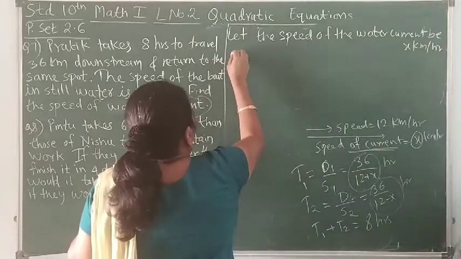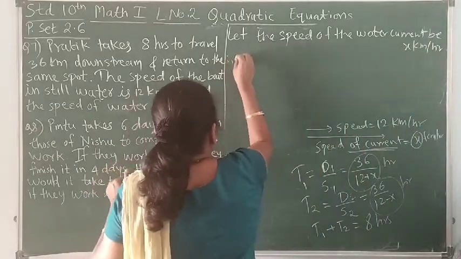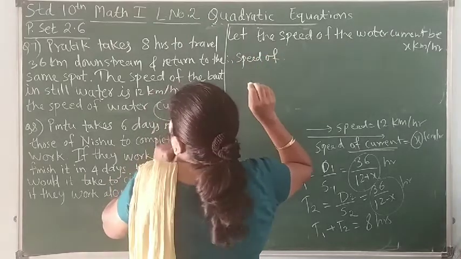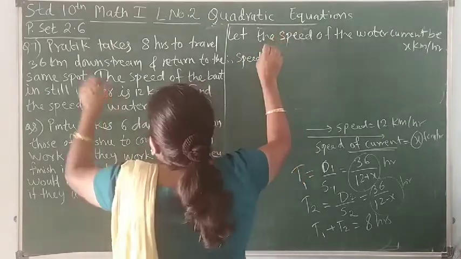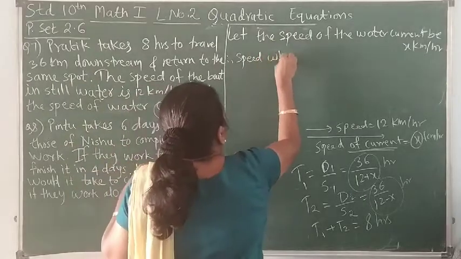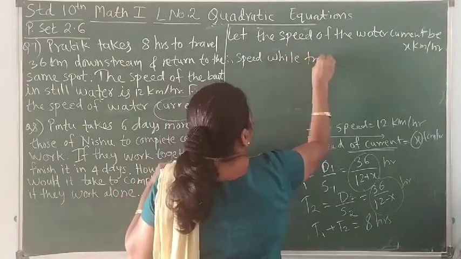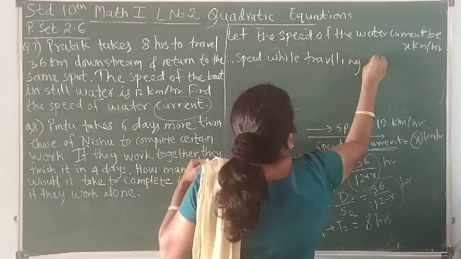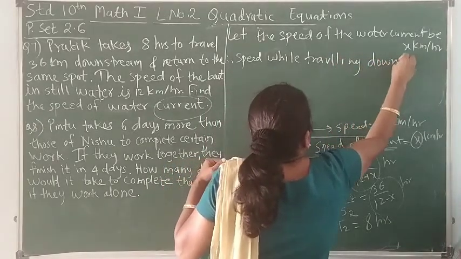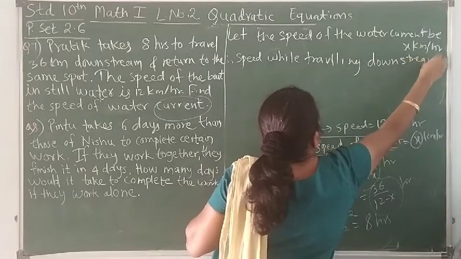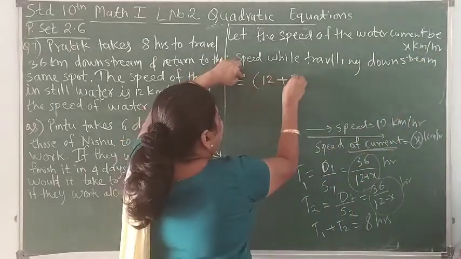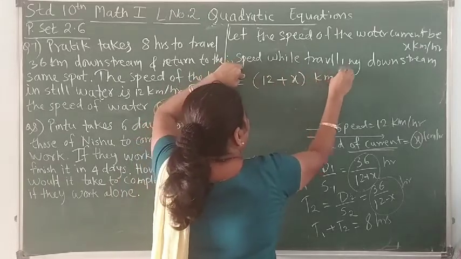Therefore, instead of saying the speed while traveling downstream, that's going to be the speed in still water plus x, that is 12 plus x kilometers per hour.